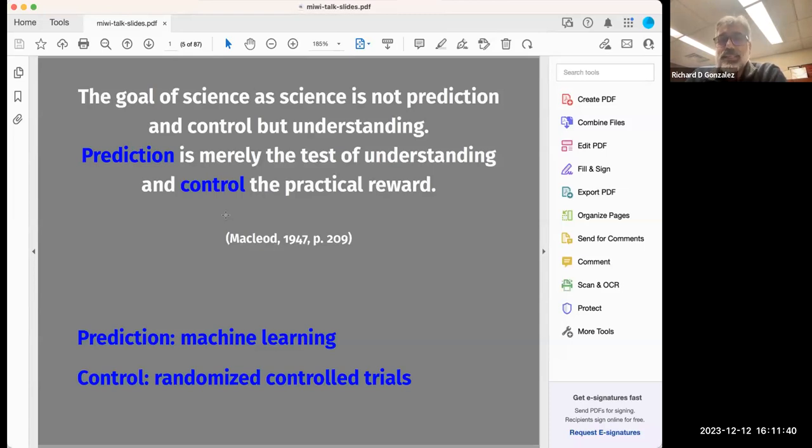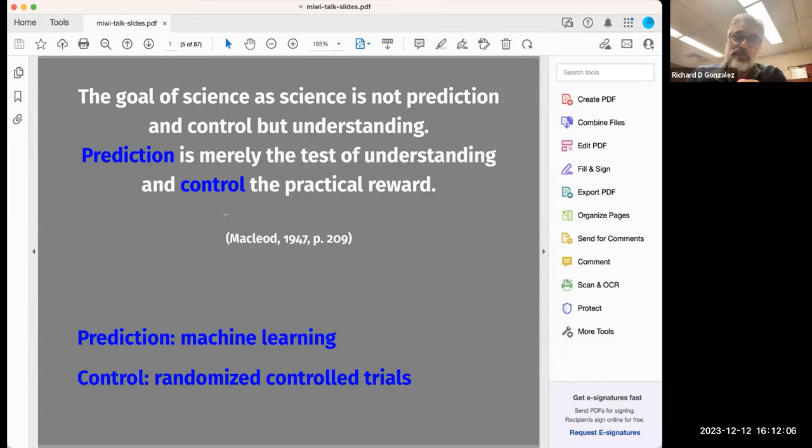So both in statistics and in data science, those fields tend to lose sight of the fact that the ultimate goal of our scientific work is to produce understanding. And instead, if you're in data science, you focus on prediction primarily. And if you're in the world of regressions and experiments, you focus on control.